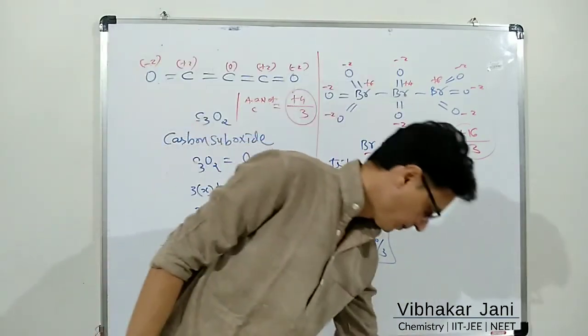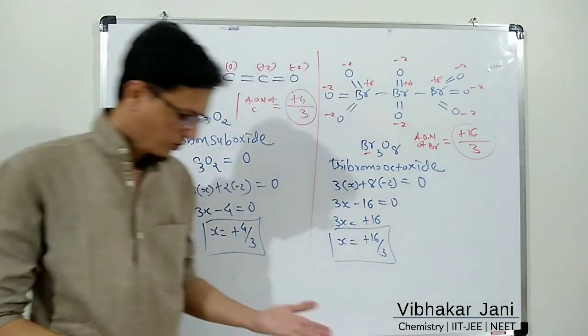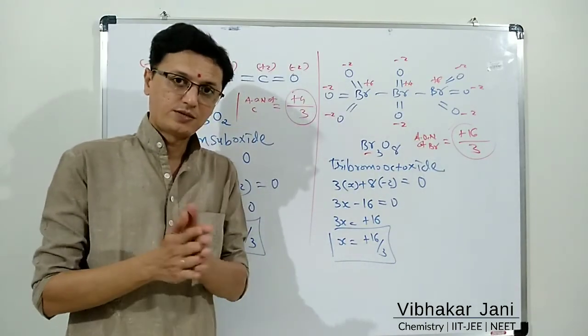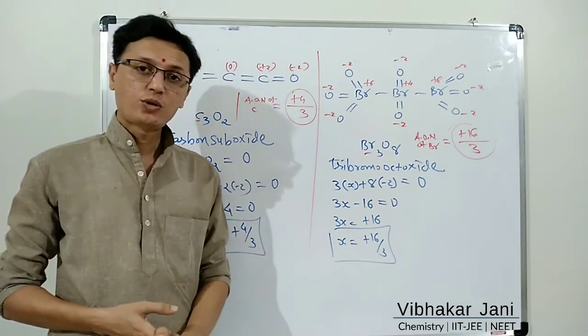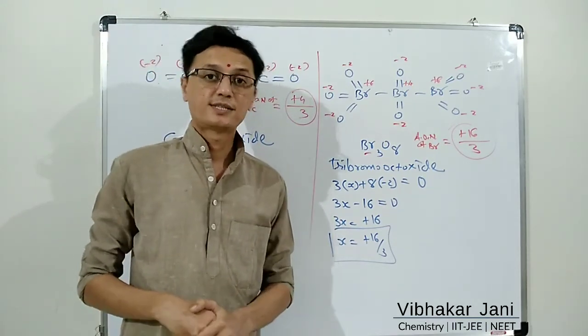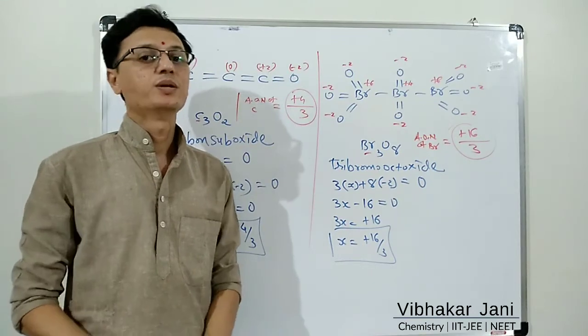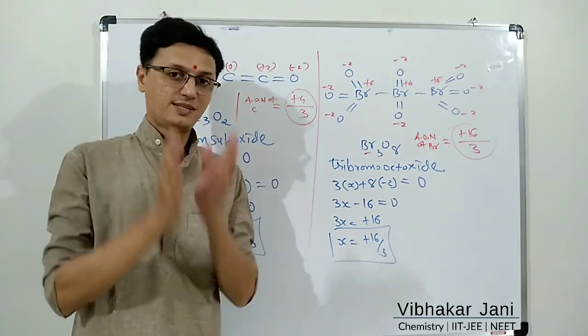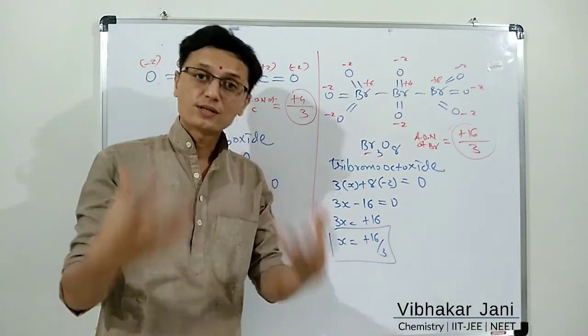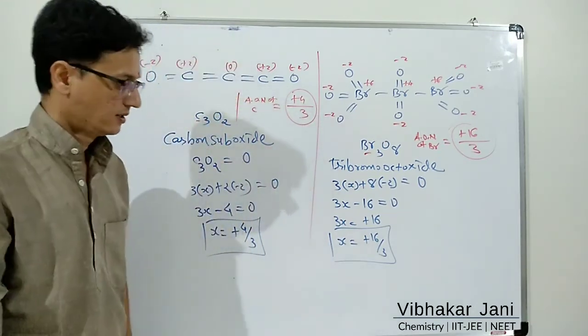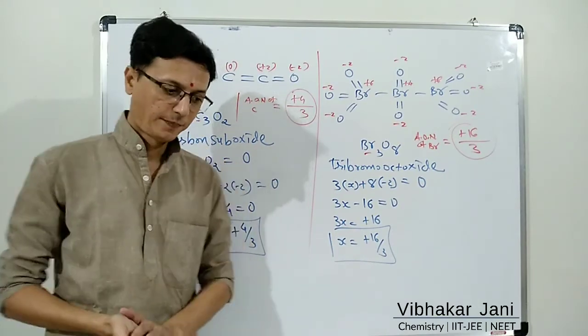Okay, now I think the video crossed the time limit, which is 20 to 25 minutes. So we will stop our discussion at this point, but still one more lecture will be on the calculation of oxidation state. In that video, we are going to see some more examples about the calculation of oxidation state.